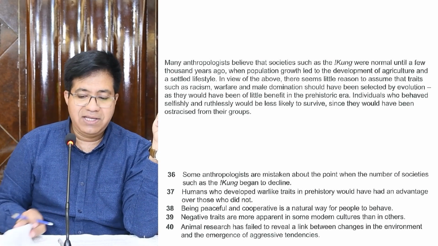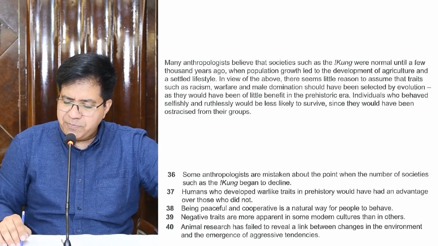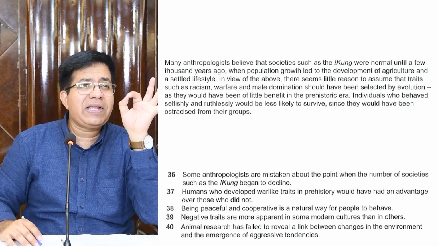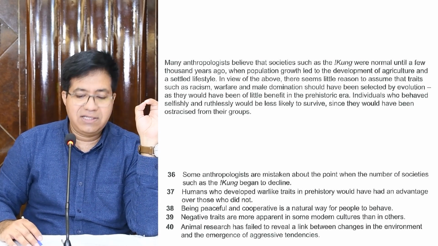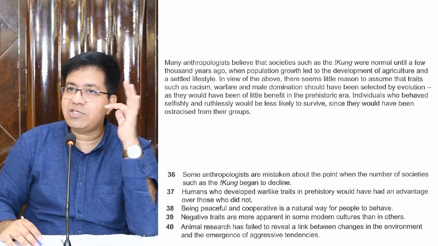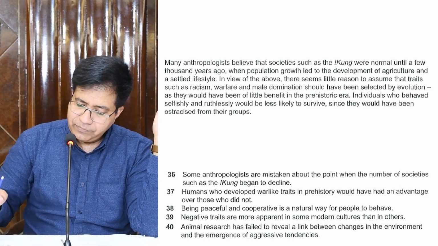Little benefit. Now what's the question? Humans who develop warlike traits in prehistory would have had an advantage. Over there they say little benefit. So what's the answer? Answer is no. So the correct answer is no.